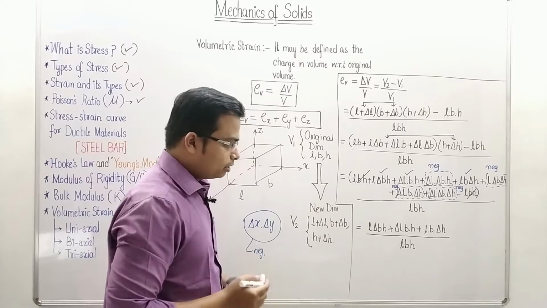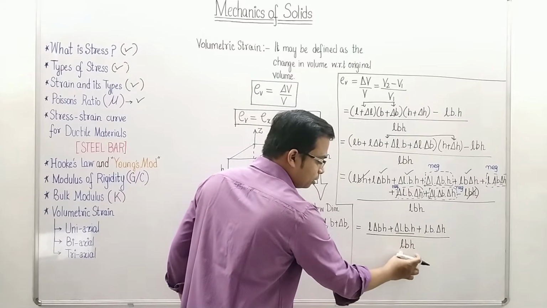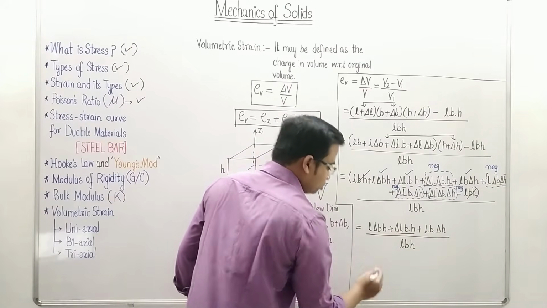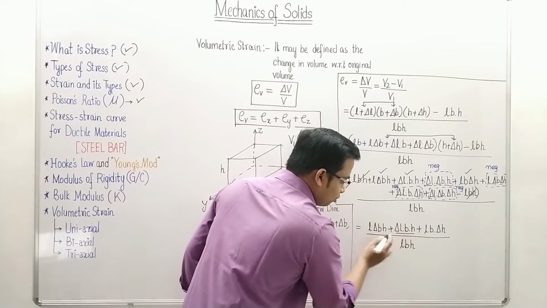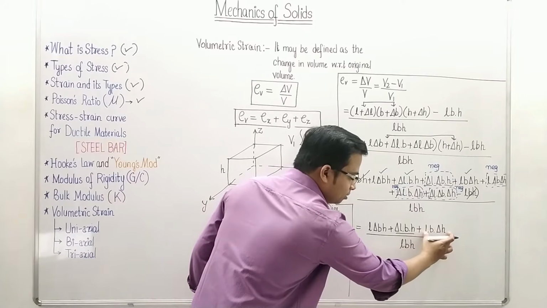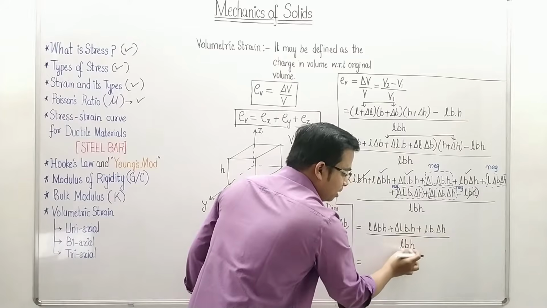Now just take a look at this. This denominator has to be divided individually by each term. So the stuff remaining is going to be delta L by L, and BH will cancel. From here delta B will remain, LH will cancel, and in this expression delta H upon H will remain, and LB and LB will cancel out.